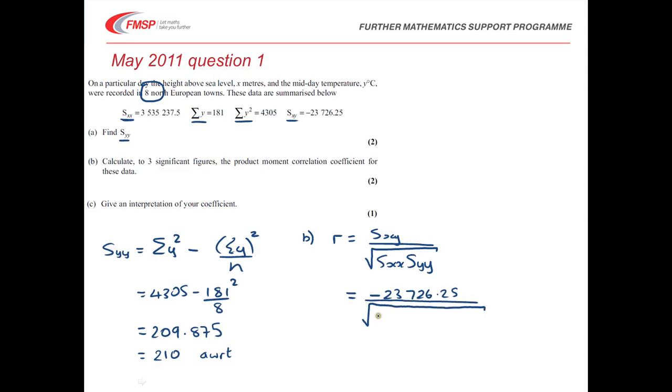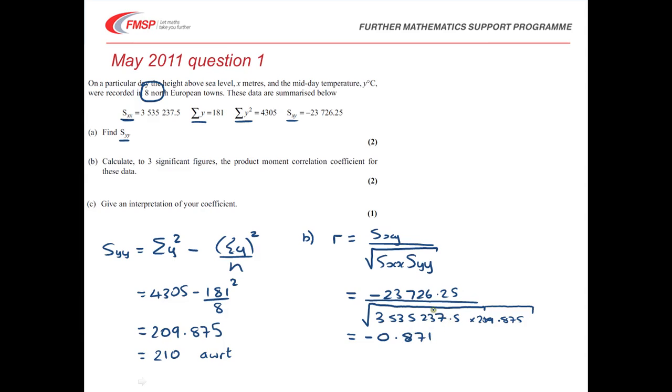So we're going to use Sxx, which is 3535237.5 multiplied by 209.875. Okay, so again, you should be using as exact a number as you can as we go through. Okay, and if we calculate that, we're going to get minus 0.871.